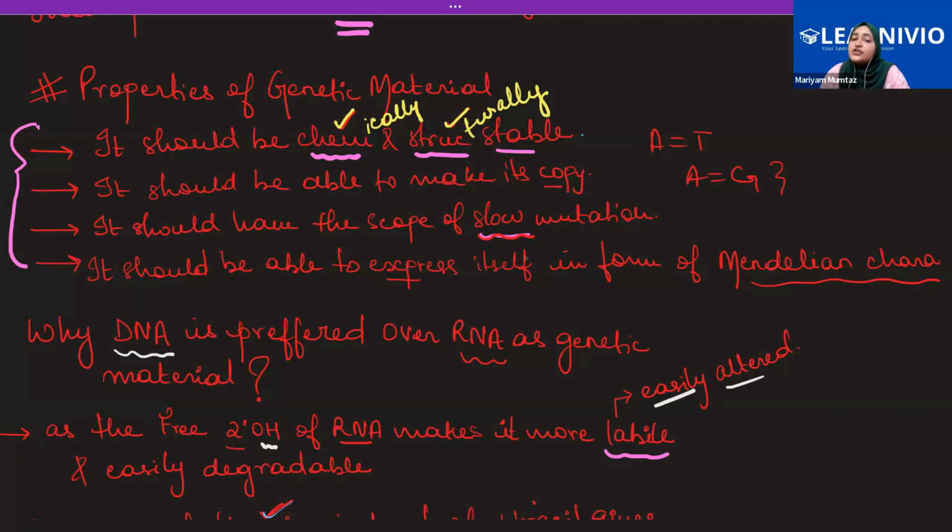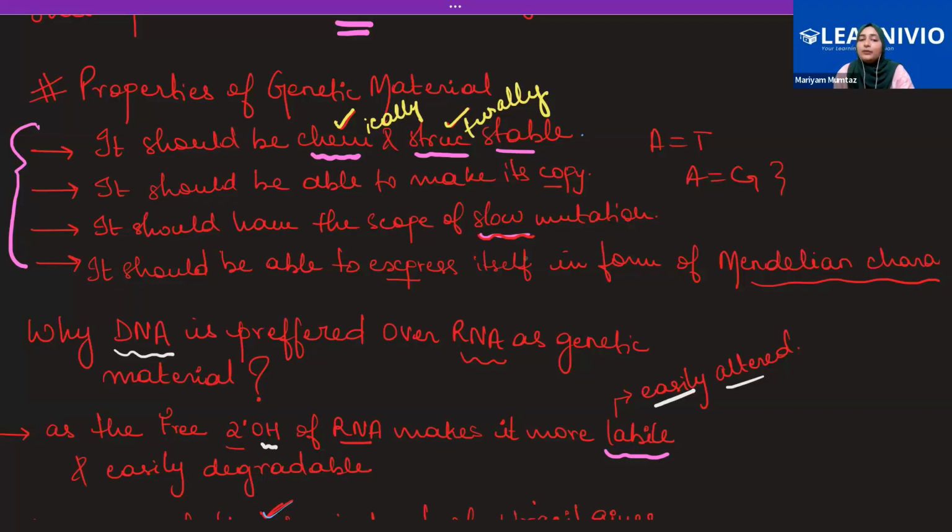It should have the scope of slow mutation. See, slow mutation is very much welcome, but fast mutations are avoided, because fast mutations are equal to disaster. Slow mutation is equal to new characters coming. And lastly, it should be able to express itself in the form of Mendelian characters, right? It should be able to get inherited.